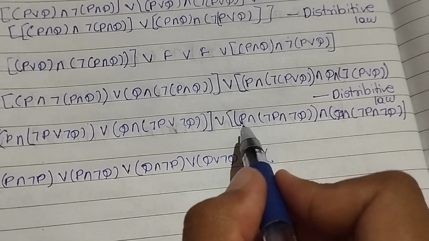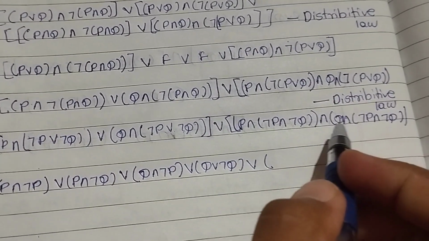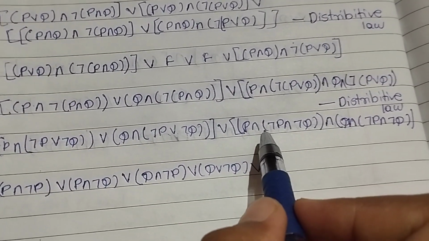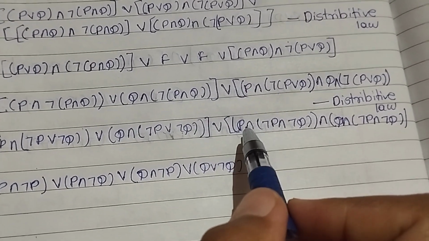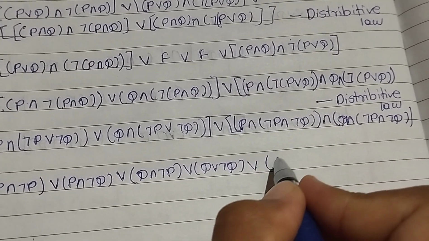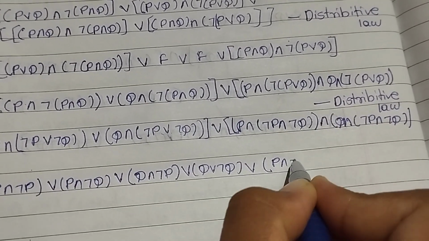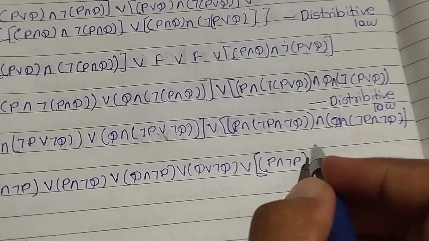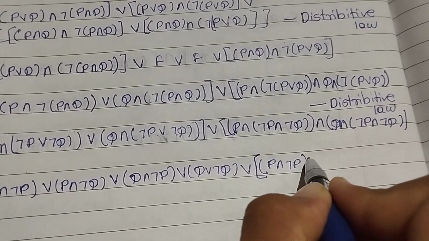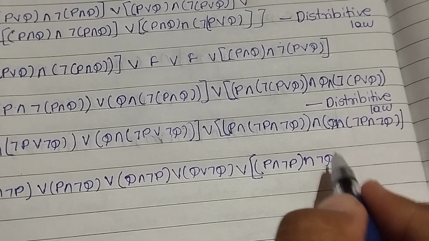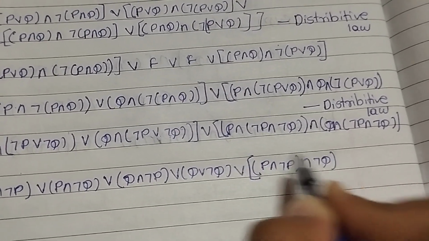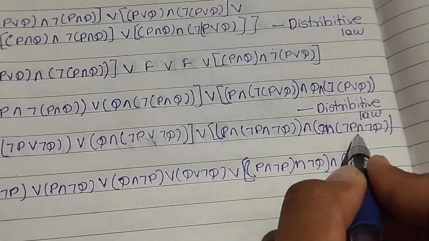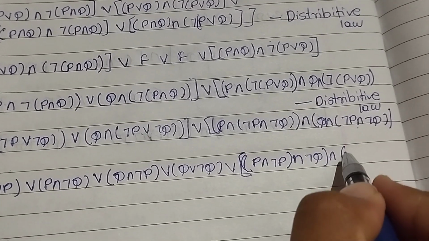Now the connectives are the same here, all are AND. So we know the associative law. If we change the bracket, no effect on the result. So we write P and negation P. We use here associative law because the connectives are the same, and negation Q. And again here we use associative law because the connectives are the same.